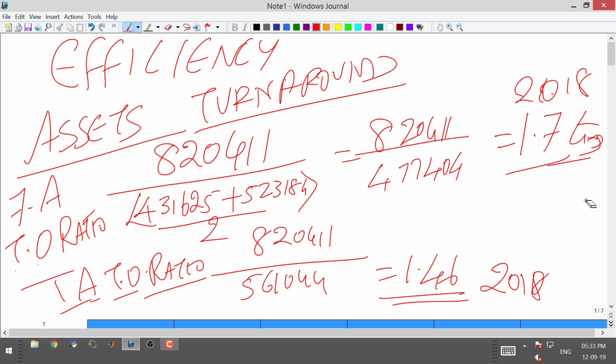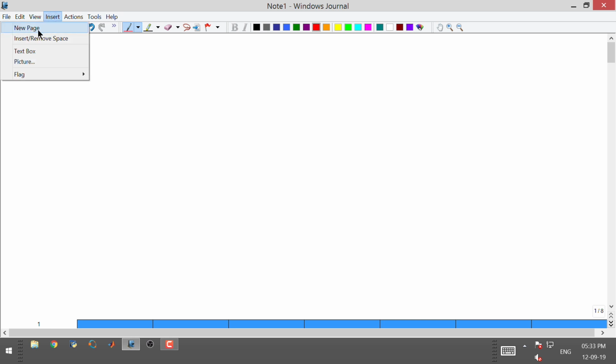Now, having known the efficiency of the enterprise, I need to look at a couple of other things. Let me insert more pages for this calculation. You looked at it from two perspectives.